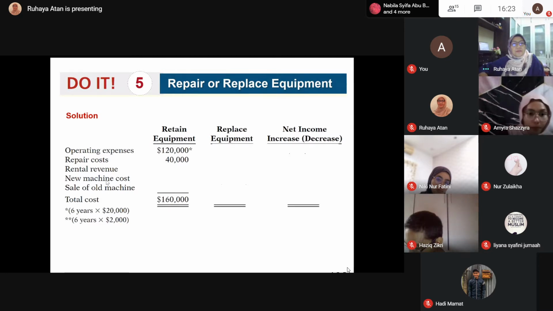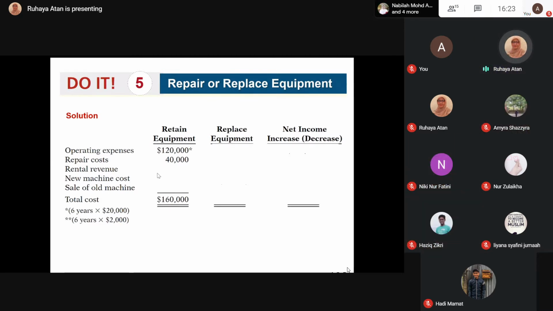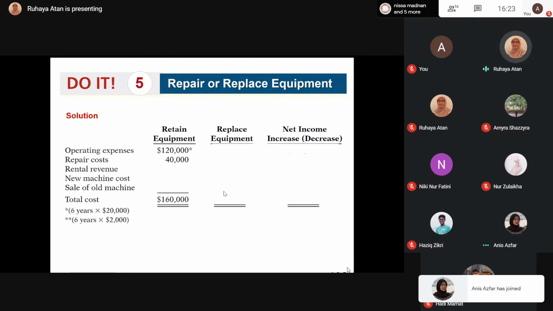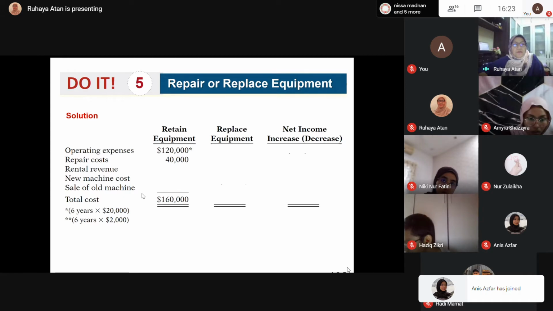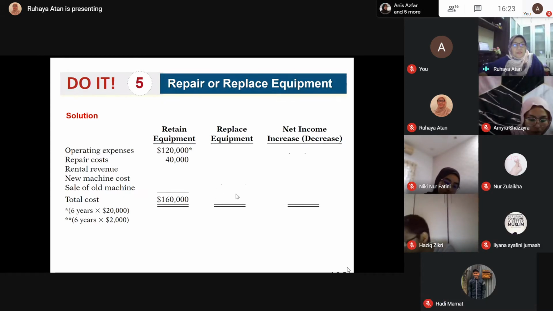Rental revenue will go here, if they buy a new machine. If you buy a new machine, you have to pay for it, and the sale of the old machine you can also knock off from the cost if you take new equipment.